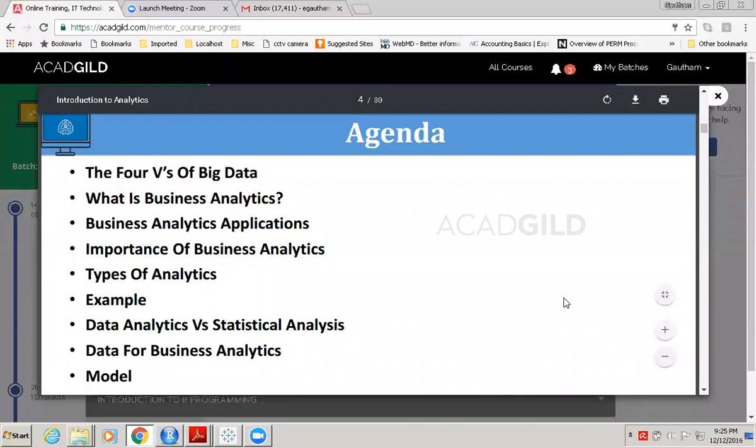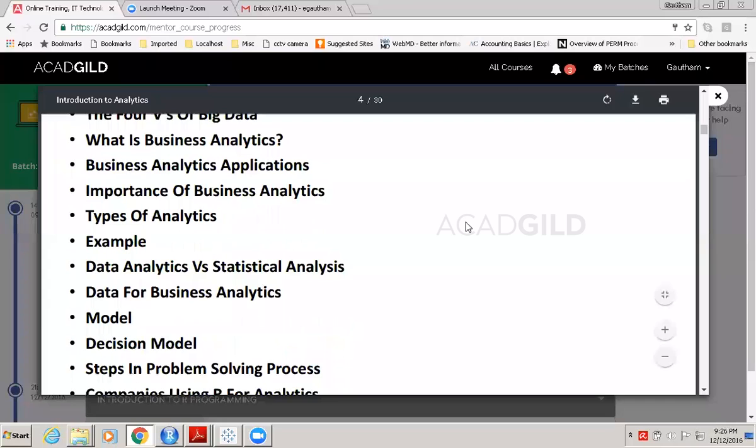In this section, we'll cover some of these topics. So the 4 V's of big data. What is business analytics, which you guys are pretty much aware of as part of your day-to-day activities, and what are the various business analytic applications, importance of business analytics, types of analytics.